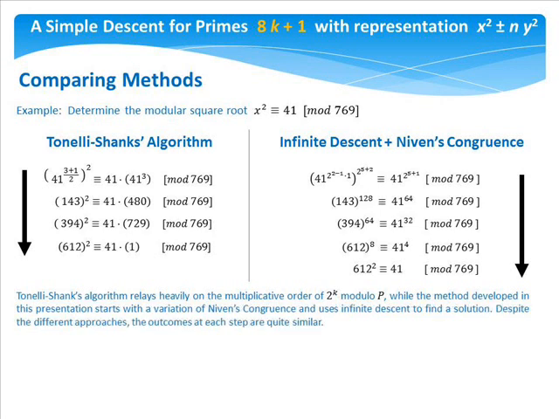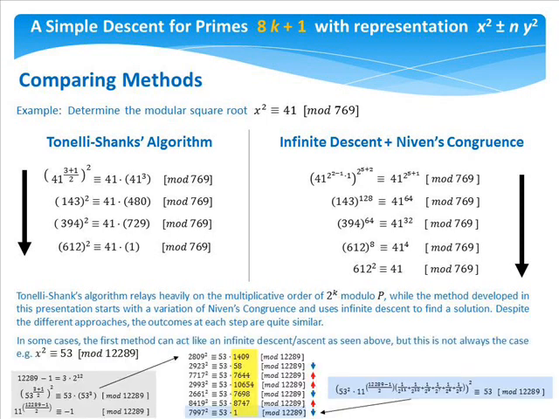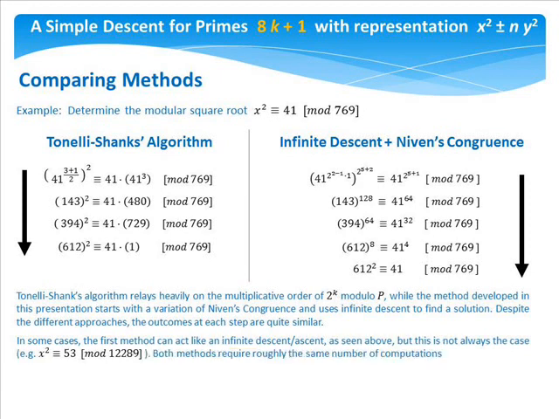Despite the different approaches, the outcomes at each step are quite similar. In some cases, the first method can act like an infinite descent or an infinite ascent, as seen above, but this is not always the case, as shown in the case below.